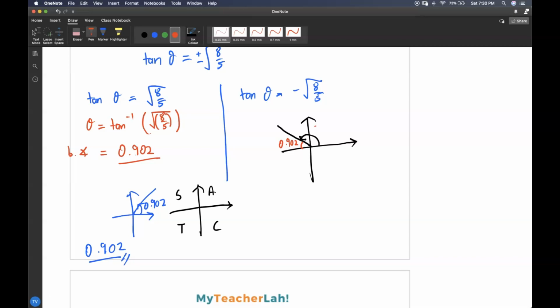So in order to find this, we take pi, 180 degrees, minus 0.902. So this will give me the final answer, which is 2.224. Yeah. So give the answer in 3 significant figures. All right. So two answers, 0.902 and 2.24.